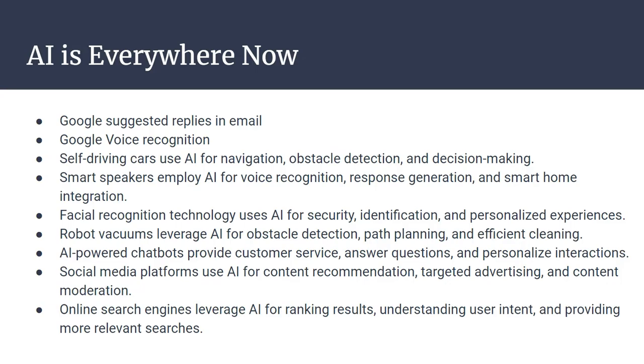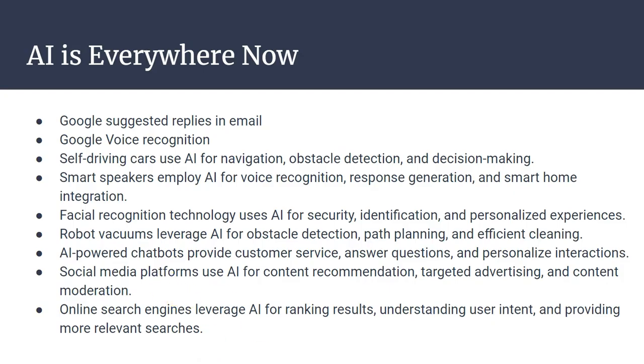So the fact is, doggone, you are probably using AI in lots of places, right? It's suggesting things in your email replies, right? If you're using Google voice recognition, self-driving cars, your smart speakers, household things like your robot vacuums, right?